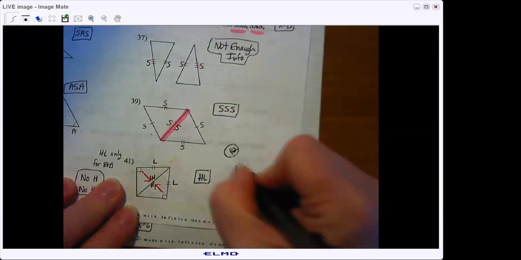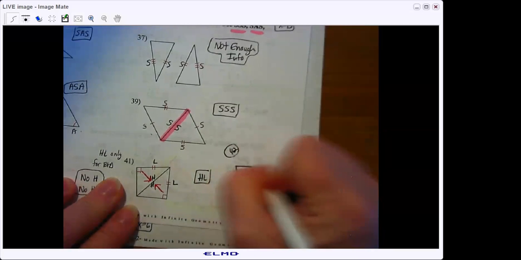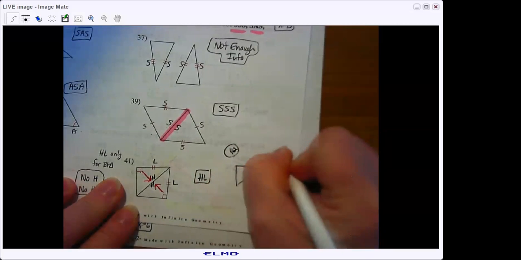See what happens. Okay, last one. I'm going to have you draw it on here because I didn't have one. Okay, so this would be 42. Looks like a bow tie.